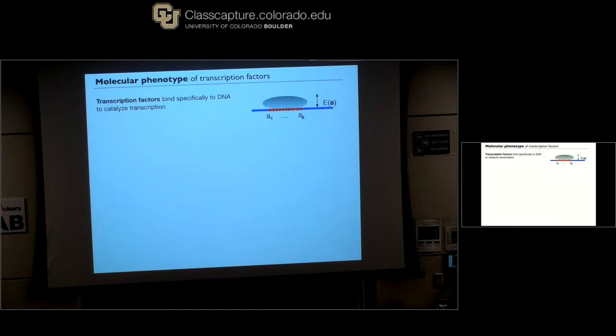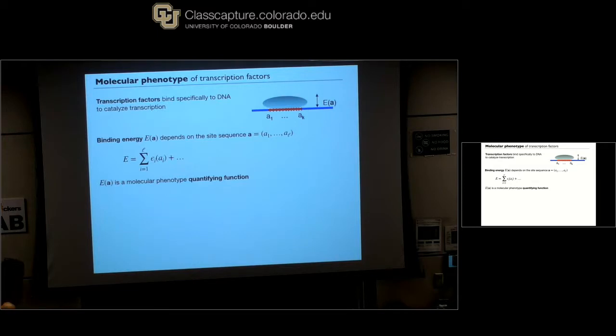All right, so this is our transcription factor. Let's say it binds to a region, a sequence A1 to AK, so K base pairs, of order 10. The thing that matters, and I'm going to emphasize this term, which is not bold-faced for some reason, is the molecular phenotype.